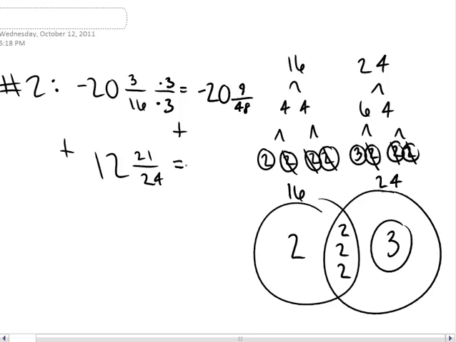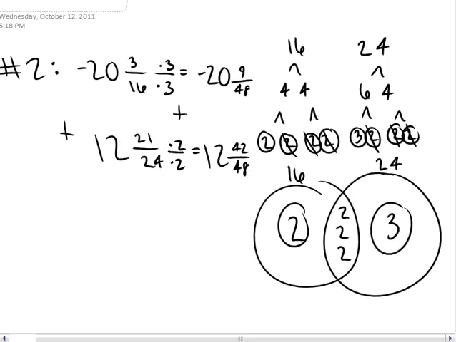And since 24 doesn't have a 4th 2 in its factor tree, we're going to multiply our fraction by 2. So that will equal 12 and 42/48.